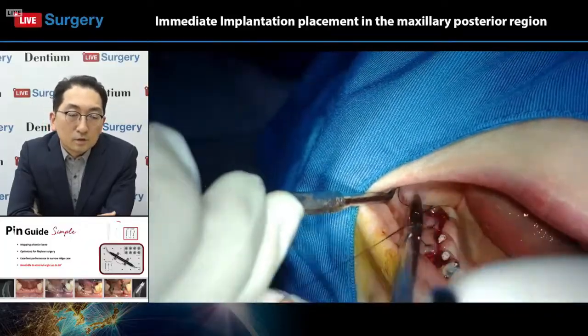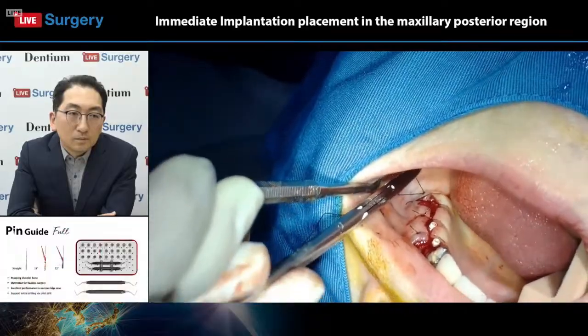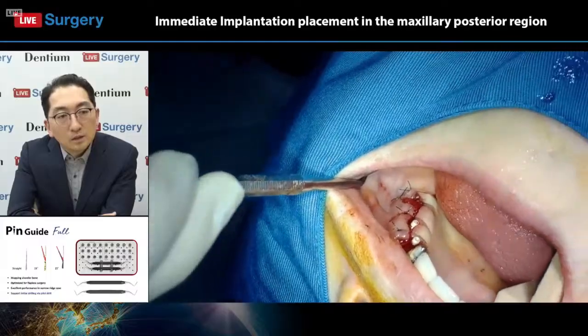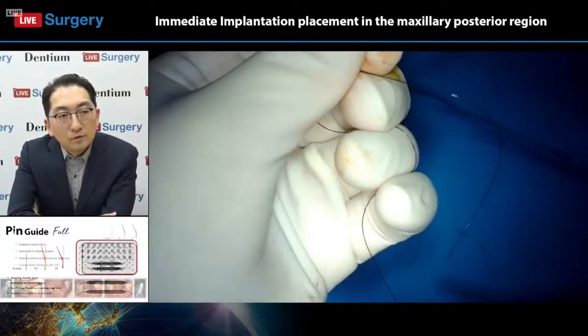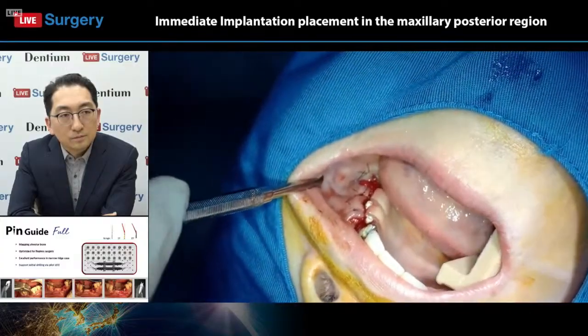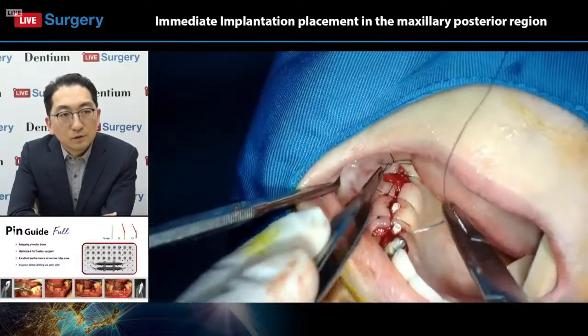The collagen graft is maintained maybe for 2 weeks and up to 1 month during the healing period.